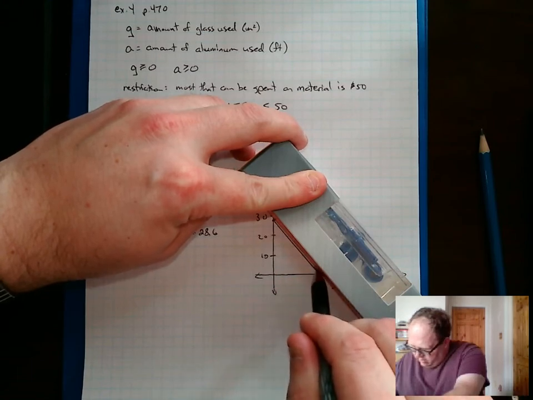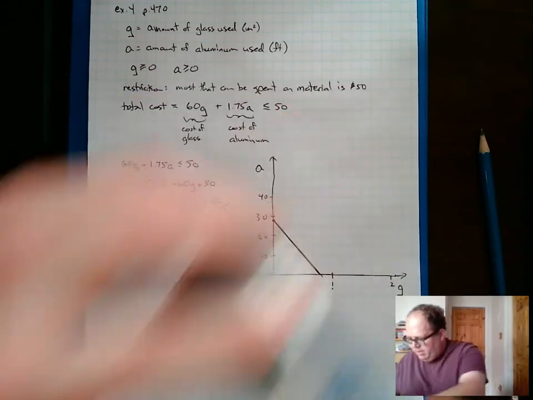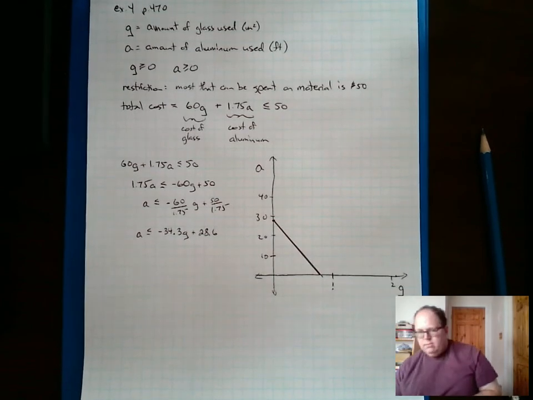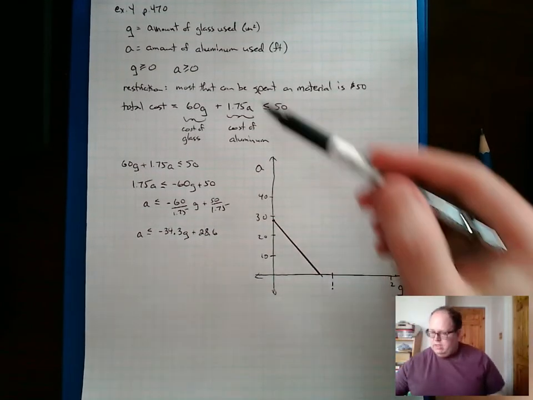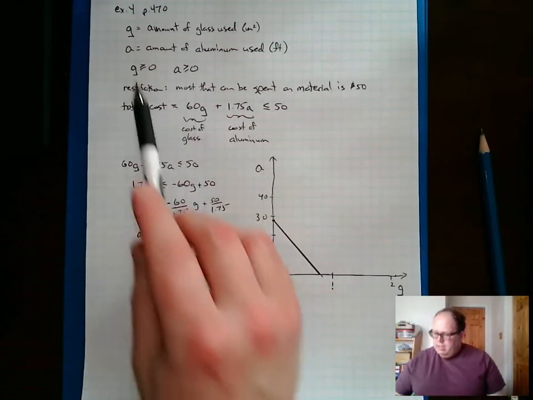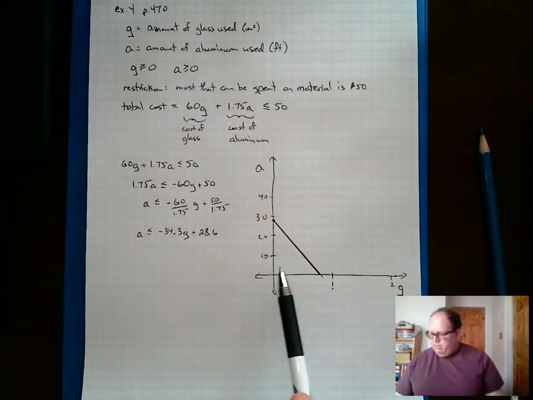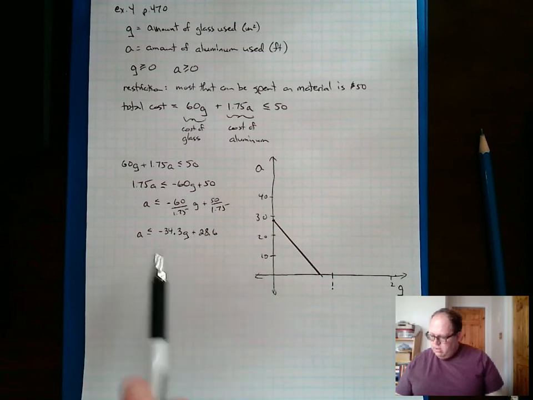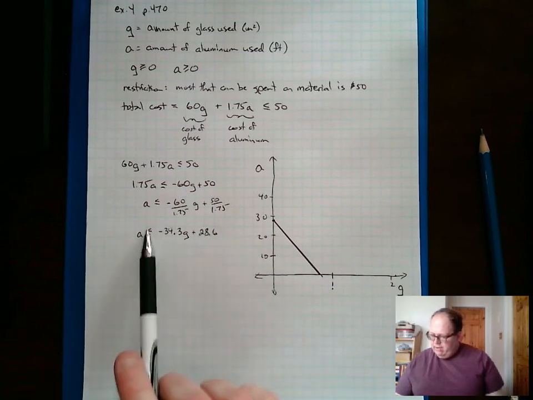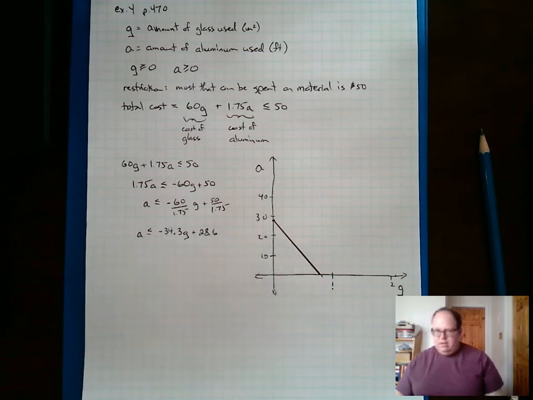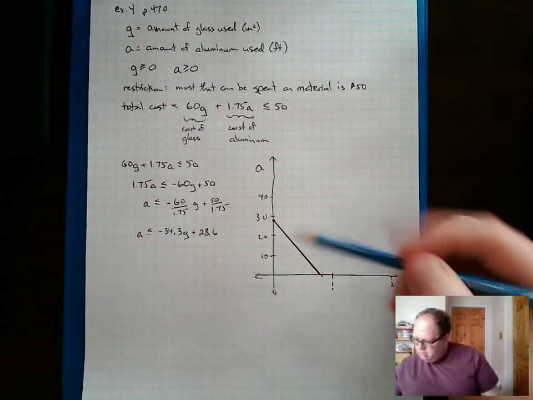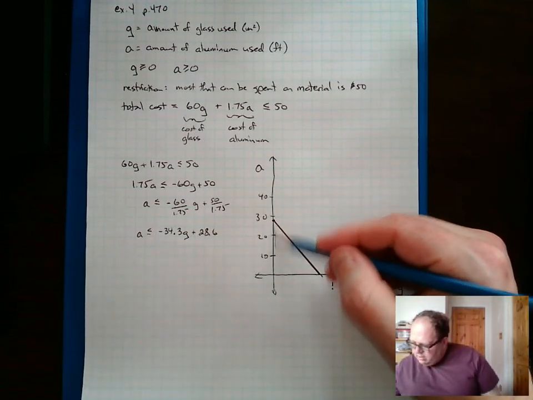Now you might notice that I've stopped at the axes, and that's because of those other statements that I've made. My G values all have to be greater than or equal to 0. My A values all have to be greater than or equal to 0. But my A values have to be less than or equal to everything on this line. So my solution set is everything in here.